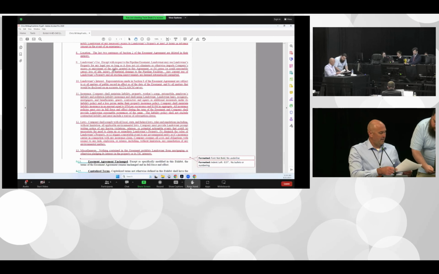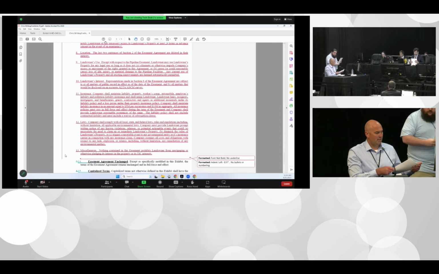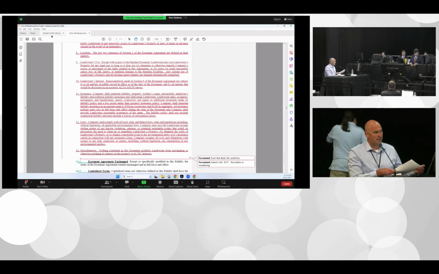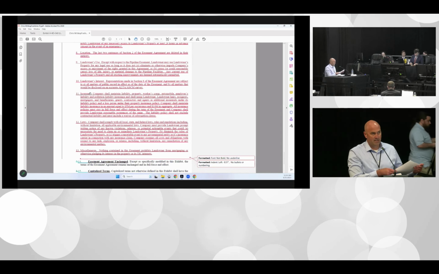So those 5 pages are one exhibit, or what I consider one exhibit. That's one email with one attachment. That attachment consists of a red line set of changes that were requested from Summit to their exhibit to the easement agreement, proposed easement agreement.